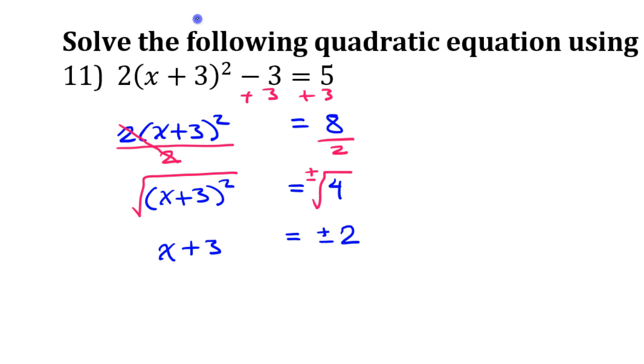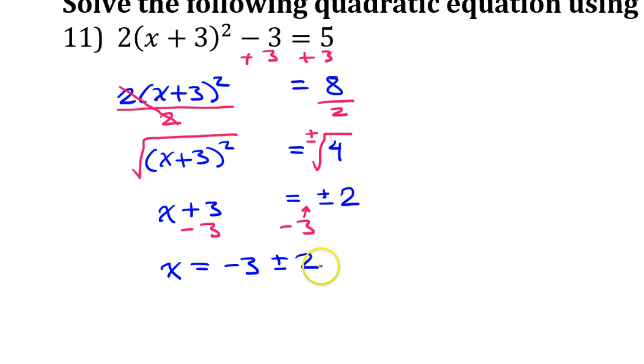Now we just have to get x by itself. We can do that by subtracting 3 from both sides. For now, let's put that 3 in the very front. I always do that when there's a plus or minus. So that gives me x equals negative 3 plus or minus 2.